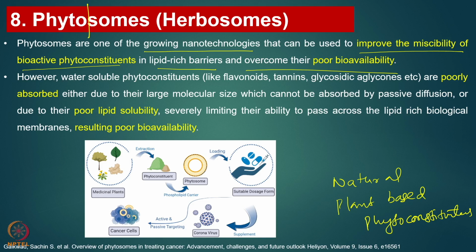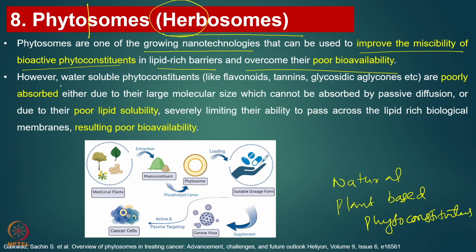Such phytoconstituents, water soluble and water insoluble, we can put in vesicular systems called phytosomes. These are our herbal source active constituents, also known as herbal based bodies called herbosomes. With this we can enhance the bioavailability of phytoconstituents.